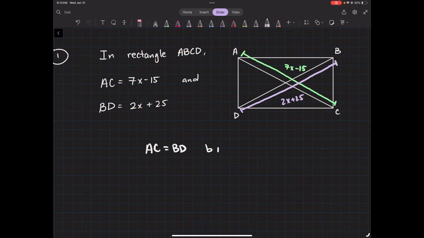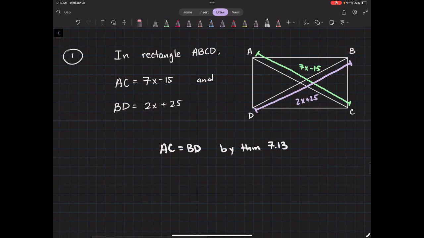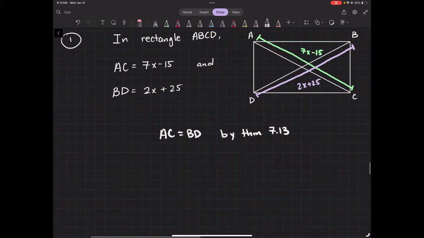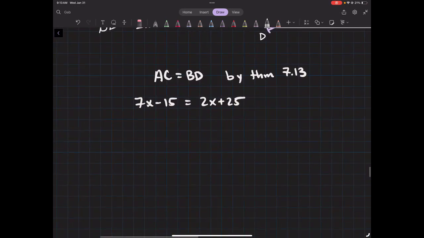The bell might ring, so you might hear that. It's going to be 7x minus 15 is equal to 2x plus 25. Over here, we go through the same old stuff. Subtract 2x, add the 15 over to the right.